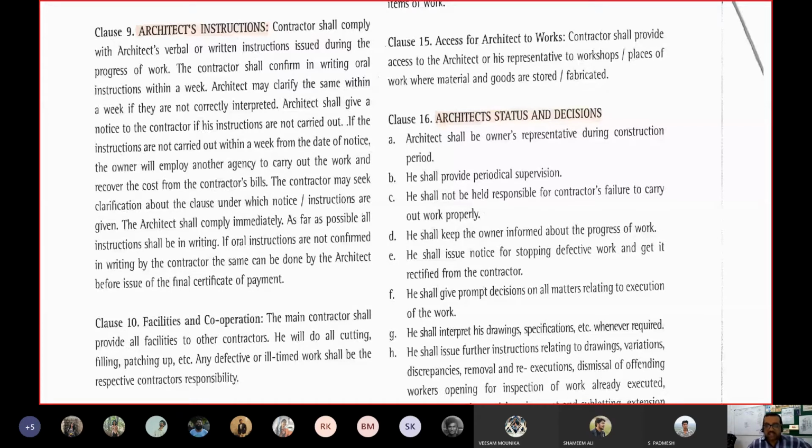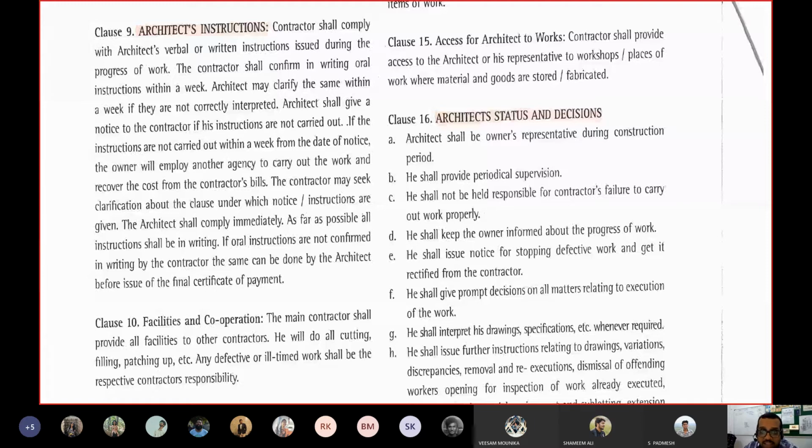Okay. Next is, I will not discuss this in detail right now, which is clause 14. It is a progress chart. Contractor shall prepare progress charts, which is a bar chart or any network chart showing completion dates of different items of work.